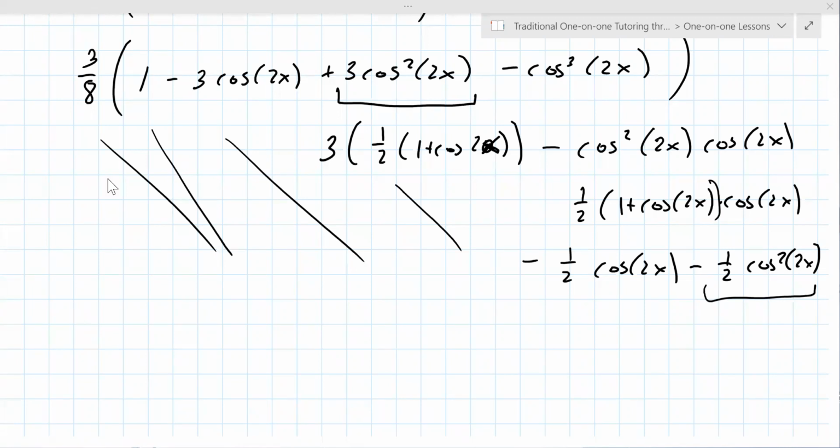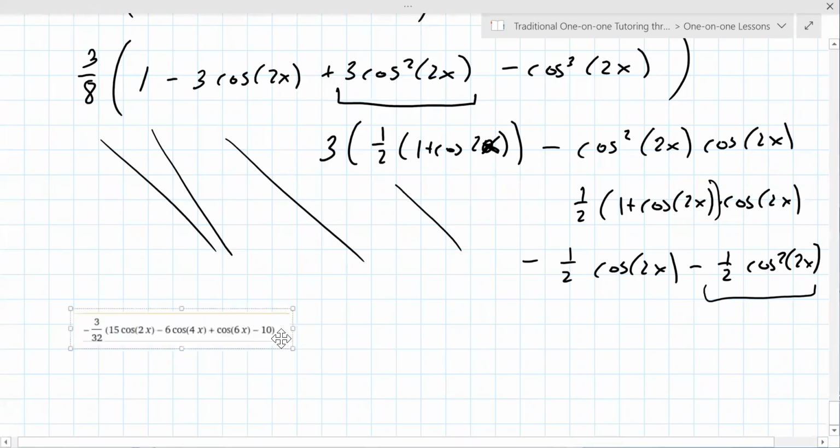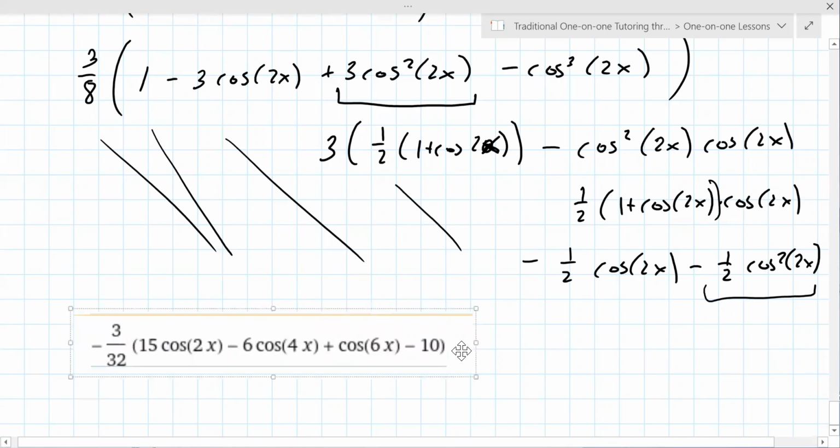The other thing is that these online calculators combine terms a bit better than we're doing here. We're going to end up with more terms, but they're combining them.